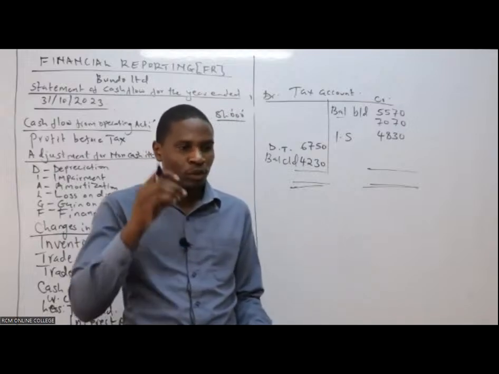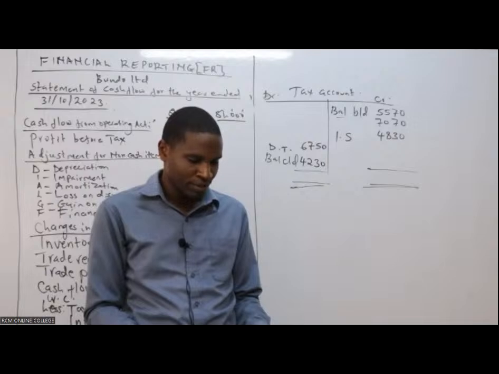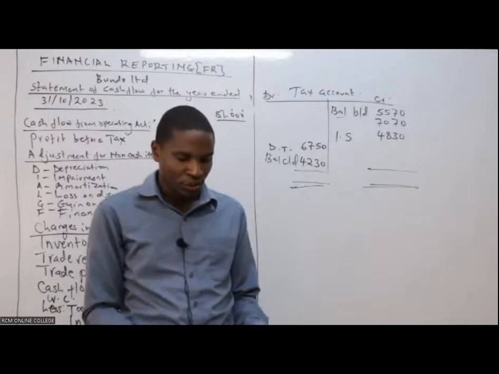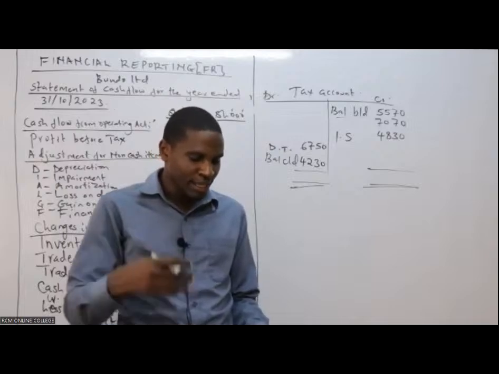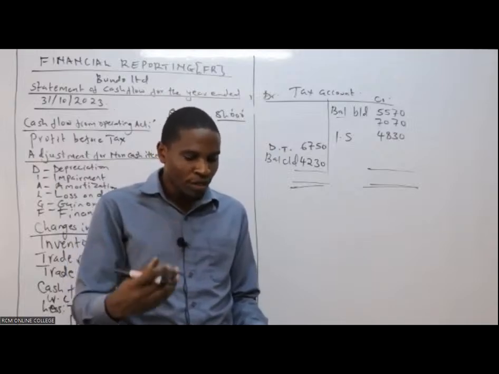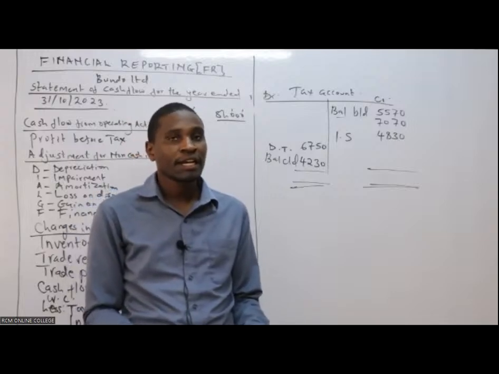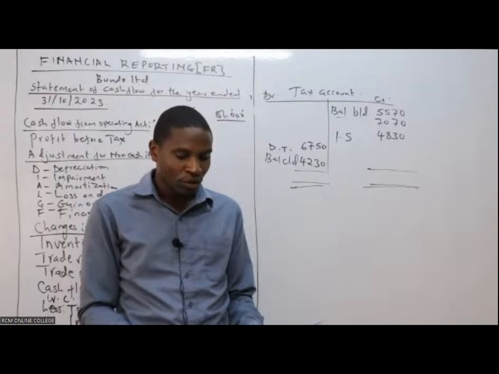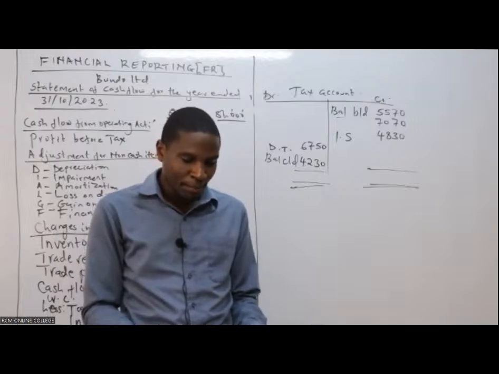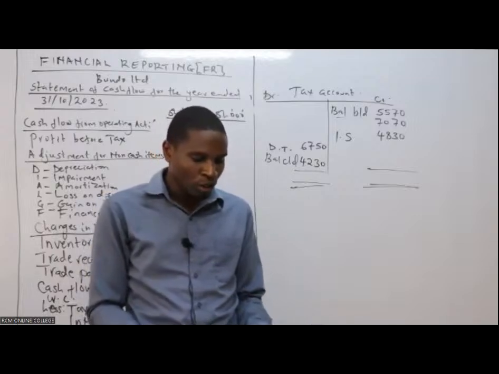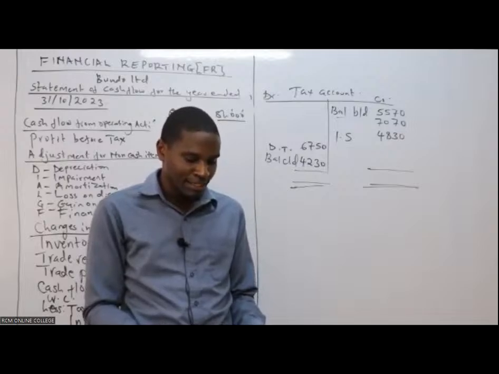So revaluation gain was 1,200, right? The company does not make any further transfer access to depreciation upon revaluation. However, it accounts for deferred tax on revaluation gain. The income tax rate applicable to Bundle Limited is 30%.